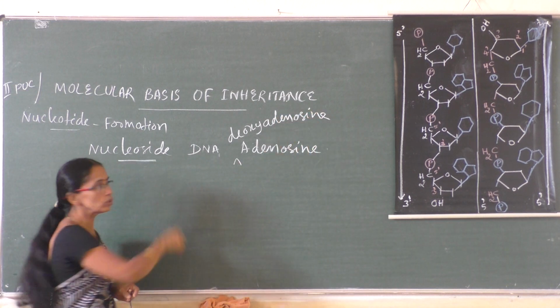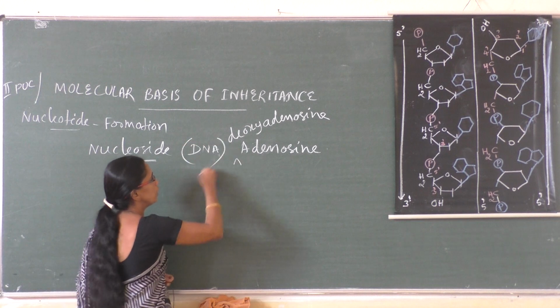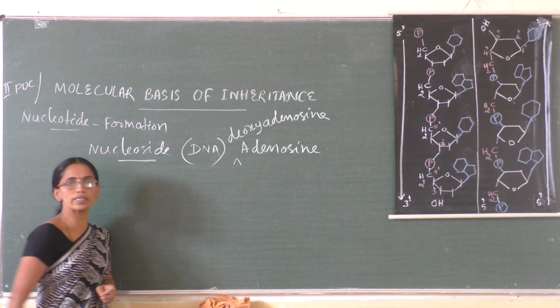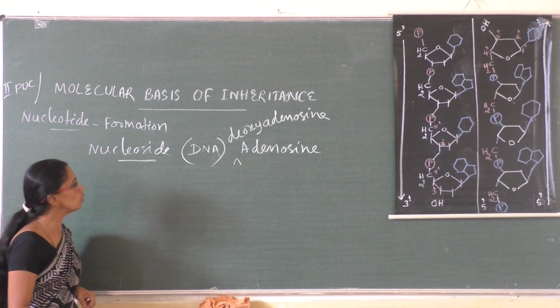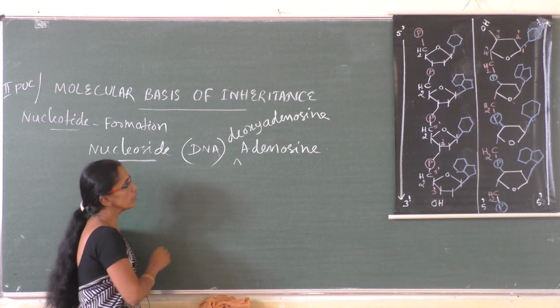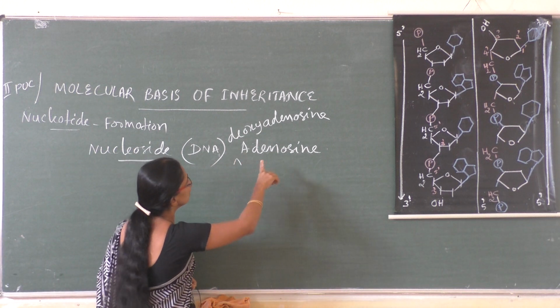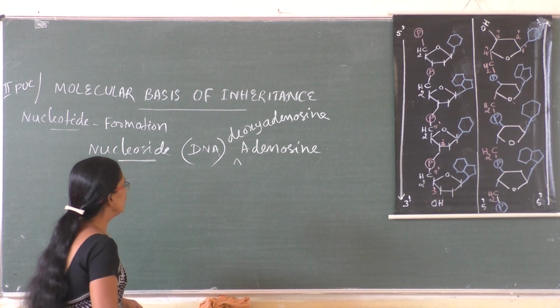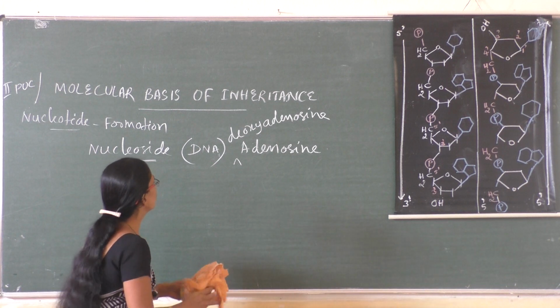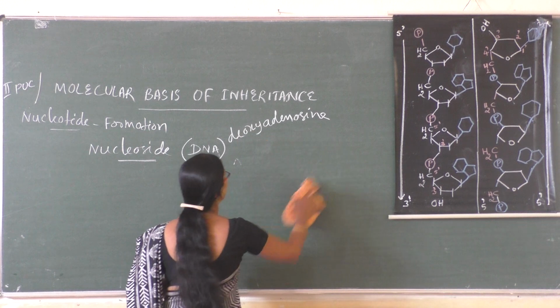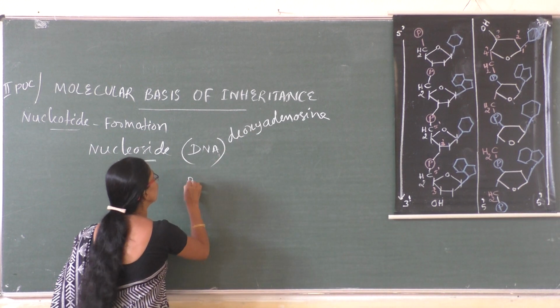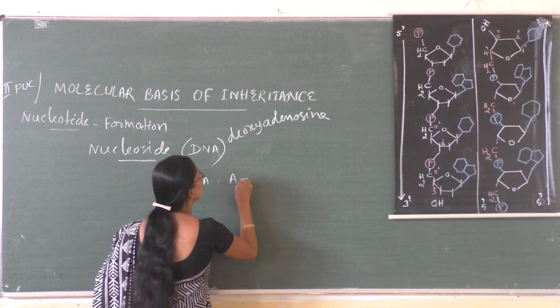Deoxyadenosine is the nucleoside of DNA, and adenosine is the nucleoside of RNA. Deoxyadenosine is for DNA, for RNA it is adenosine.